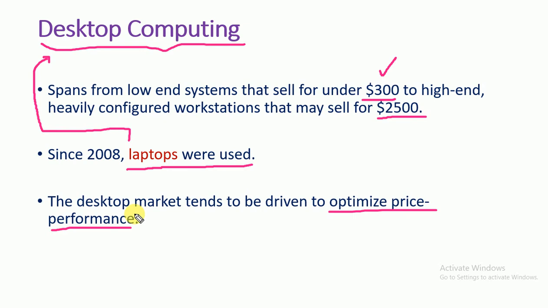So desktop computers are being utilized by many of the offices in the markets, I mean shopping centers and all. They are actually using desktop computers, and the performance varies according to the specification that is given by the company, or that can be bought by the people according to their requirements.